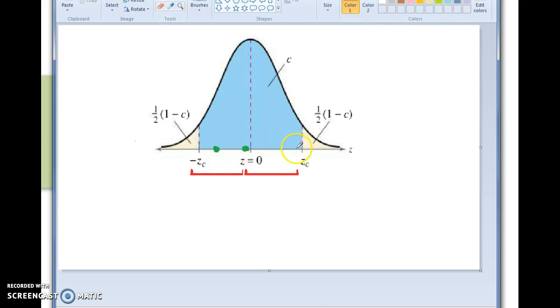And this will happen no matter where you draw within the 90% area. So a different sample could give us a sample mean further off to the right. But again, when we use our margin of error to get the lower bound and the upper bound of our confidence interval, the population mean is within that interval.